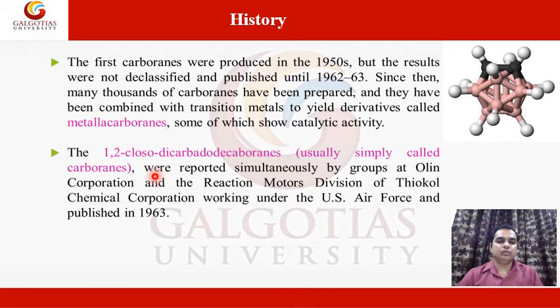The 1,2-dicarba-closo-dodecaboranes, usually simply called carboranes, were reported simultaneously by the group at Olin Corporation and the Reaction Motors Division of Thiokol Chemical Corporation working under the US Air Force, and were published for the first time in 1963 in the literature.